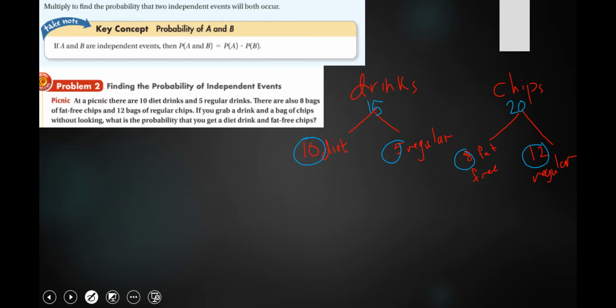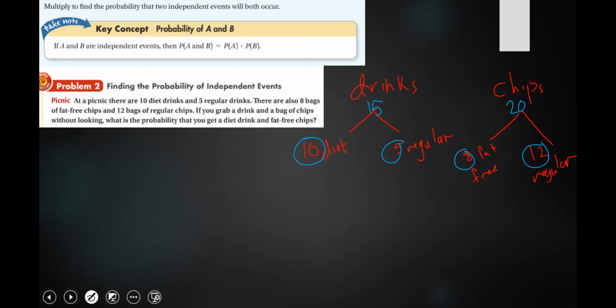As you see. Now, if you put your hand in, you grab a drink, you take a chips, what is the probability? So you have 1 drink with 1 chips. What is the probability that you get a diet drink?